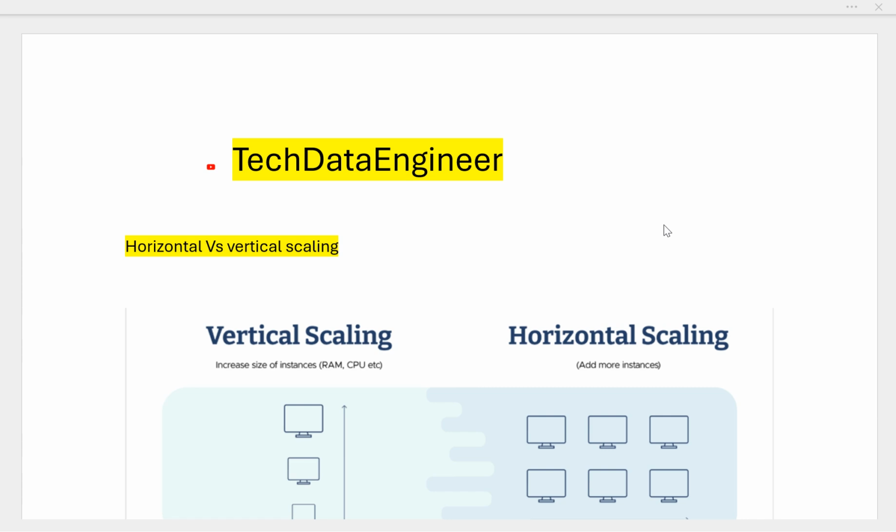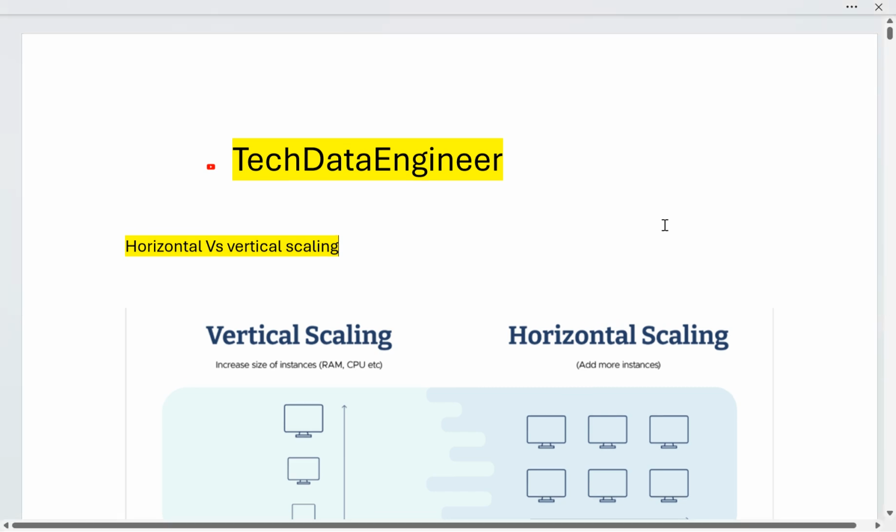If you want to process 2 GB of data, you have to increase the capacity of your engine. That is called scale up. If you want to reduce the capacity, that is called scale down. There are two ways to do the scaling, vertical scaling and horizontal scaling. If you are designing a system, you should be aware of these two terms.